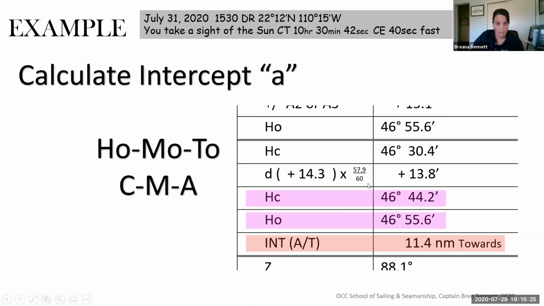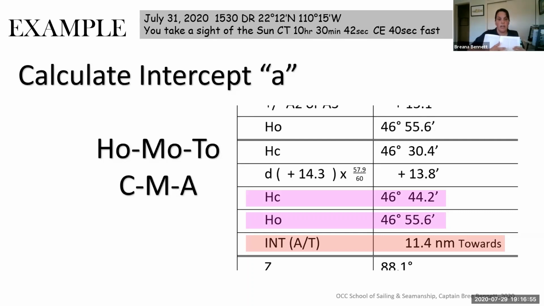So to complete our sight reduction, we have our HC, which we just calculated, and then we put in our HO, which is actually up at the top, which we didn't actually calculate in this one, but I guess I already did. Our HO had those corrections from the almanac, from our apparent altitude.